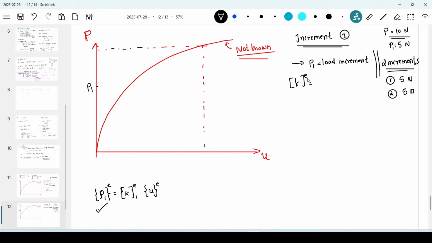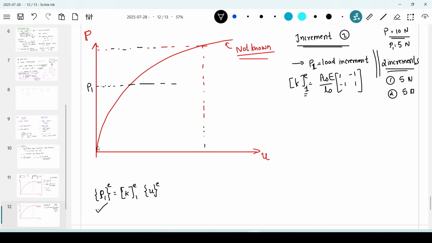So K at the initial position is known, A0 E by L0. P1 and K1 here mean iteration 1. So now at increment 1, this K matrix is known, and this P value is known.